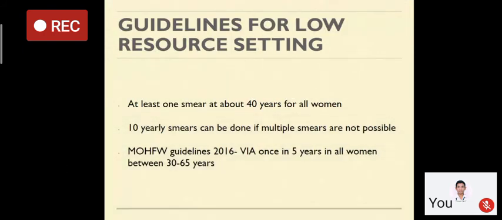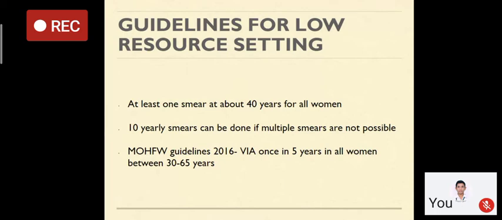Guidelines for low resource setting: at least one smear should be done at about 40 years for all women. All women below 40 years, at least one smear should be done. And 10 yearly smears can be done if multiple smears are not possible.